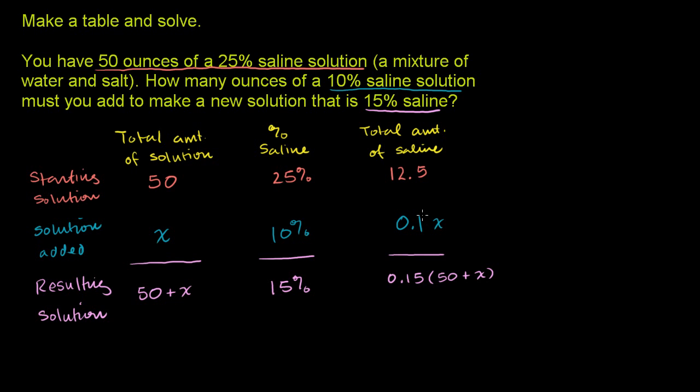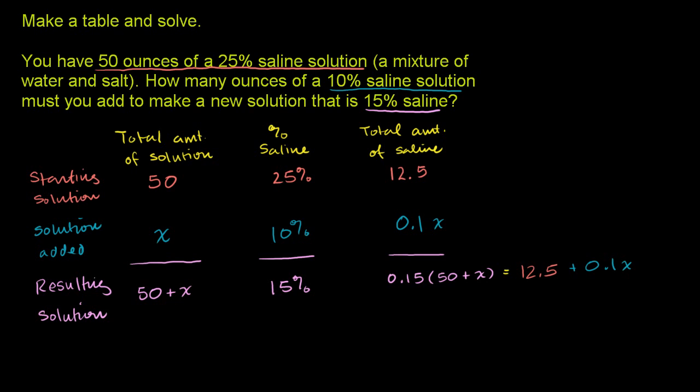So if we add these two numbers, it should also be equal to the total amount of saline. So this has to be equal to 12.5 plus 0.1x. And just like that, because 15% of this has to be the same thing as the sum of this, we have one equation and one unknown, and we can solve for x, which is what we need to solve for. How much solution do we need to add?